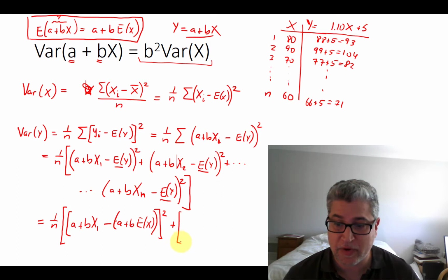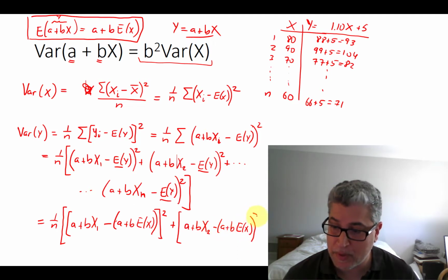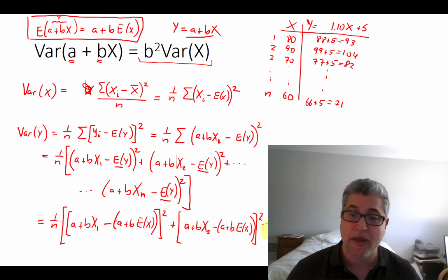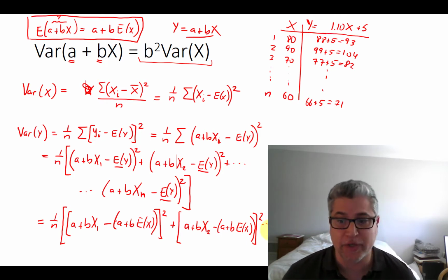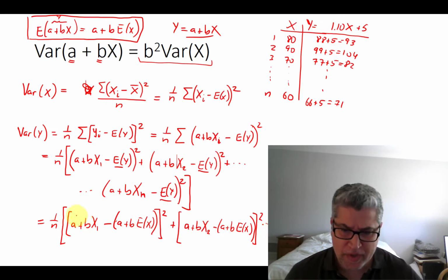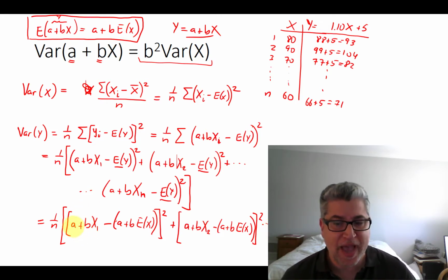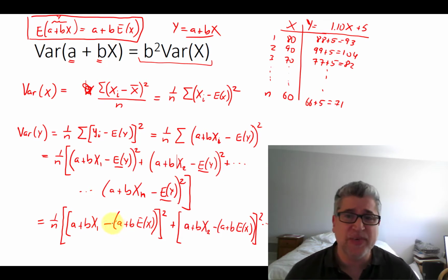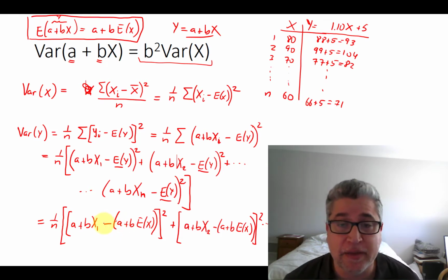And then we need to do that for our second term. And we square it. And we do that for every one of our n terms. Now, one thing should pop out. We have a minus a. So that's good. At least we can start simplifying this thing.